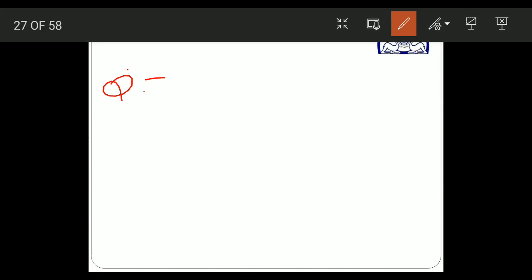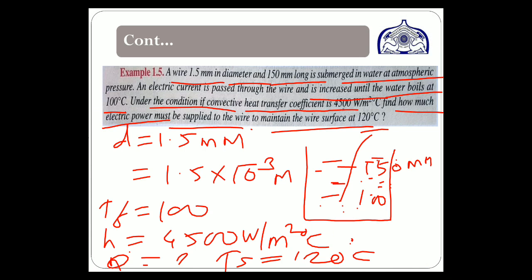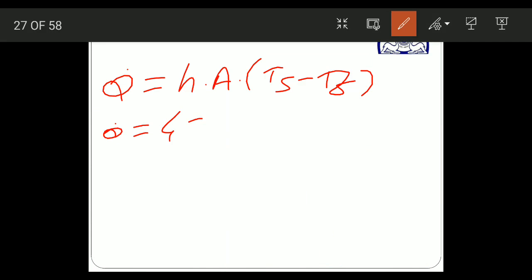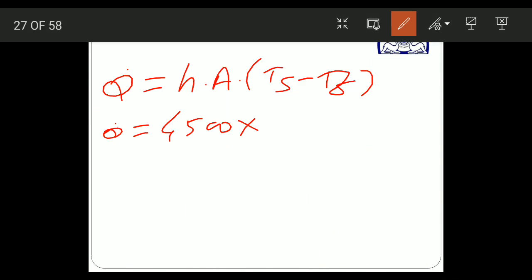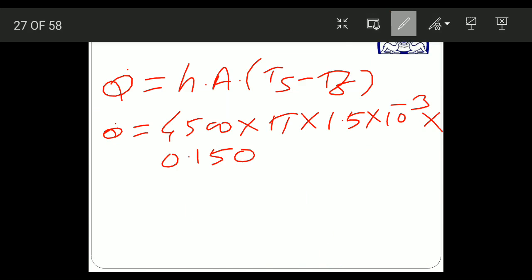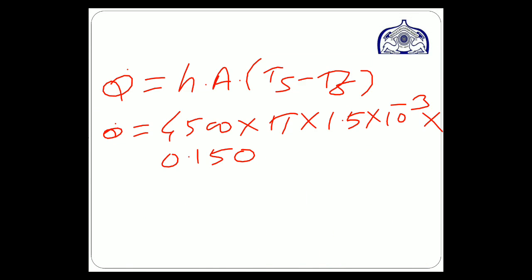So here Q is equal to H into A into T surface minus TF. So Q we have to calculate. H is given, how much H is given here? 4500. Area, what will be the area? Okay, here area will be pi dl. So pi into diameter 1.5 into 10 raised to minus 3, into length is given 150 mm, so that will be 0.15 meter.